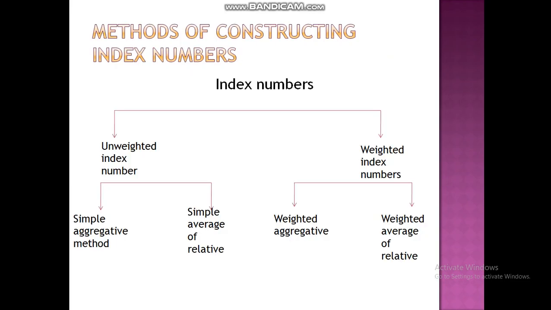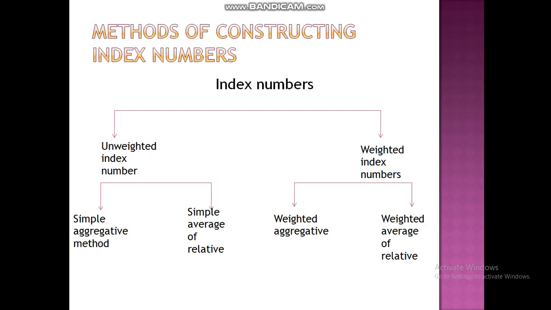Please remember it. Then I had explained about the steps involved in the construction of index number in the previous class. There we have defining the purpose, then selecting base period, selecting commodities, obtaining price quotations and many others.